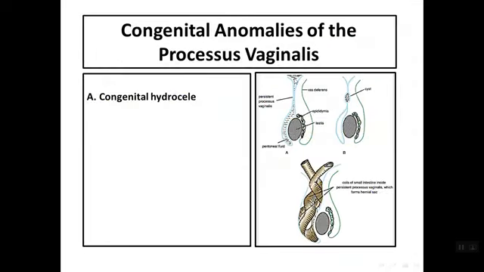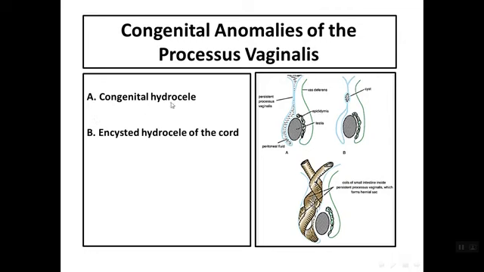If the processus vaginalis remains open, it leads to congenital anomalies of the processus vaginalis. If it remains persistent and there is a connection between the original peritoneal cavity and the tunica vaginalis cavity, peritoneal fluid collects in this cavity, leading to what is called congenital hydrocele.